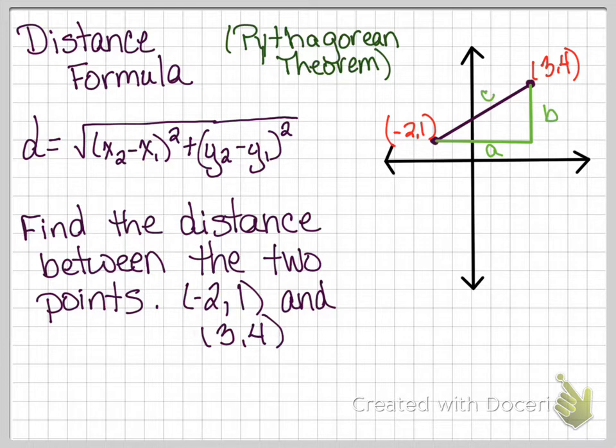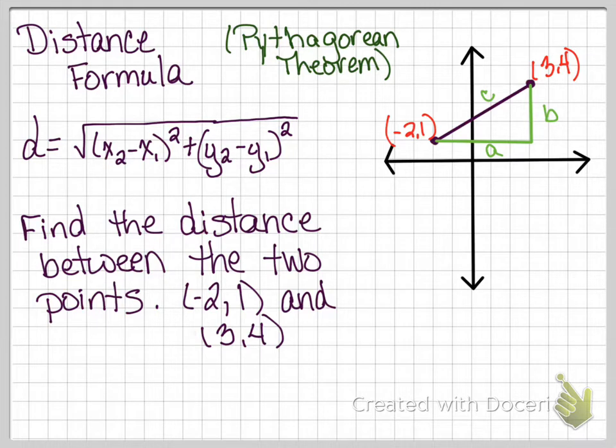I'm going to find the difference between my two x values, and when I do that, I have created a horizontal distance A. Then when I subtract my y values, I have created my B distance.